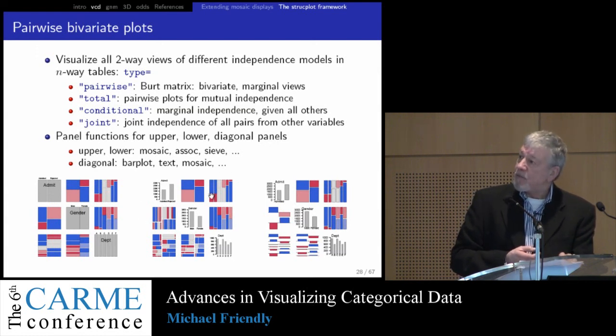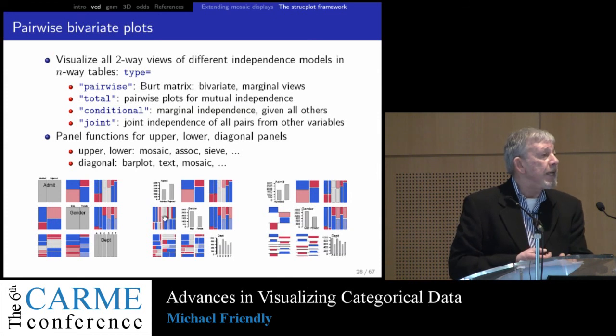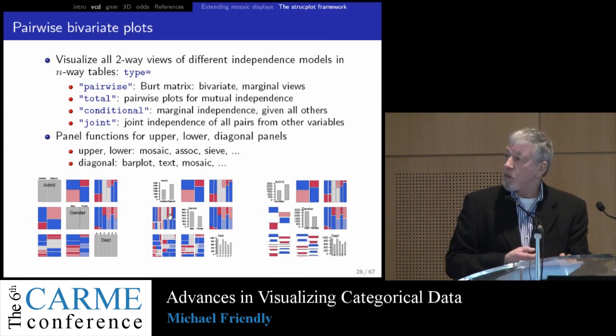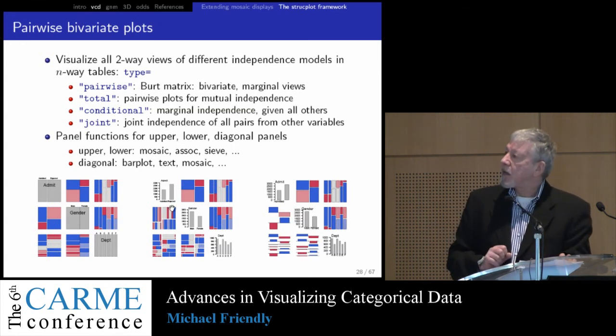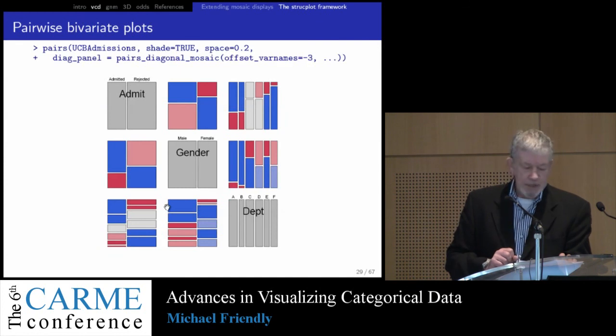But we can also have other things above the diagonal or below the diagonal. This center plot is actually showing the model of complete independence of all three variables in three different ways. Now, there's a lot there to look at, and I'm not going to go into very much detail.